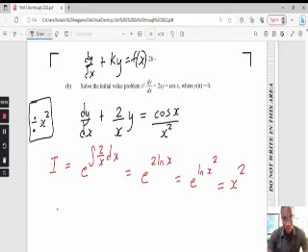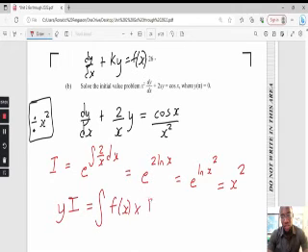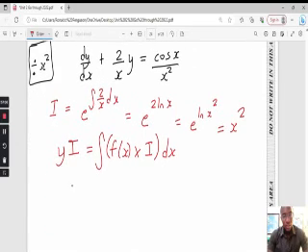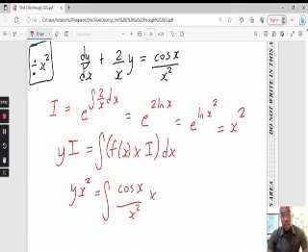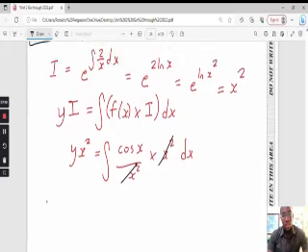Then the formula when you're solving this is y times the integrating factor equals the integral of your function of x times your integrating factor with respect to x. So the solution is y x squared equals the integral of cos x over x squared times x squared dx. The x squareds cancel each other, and so this is now very boring.